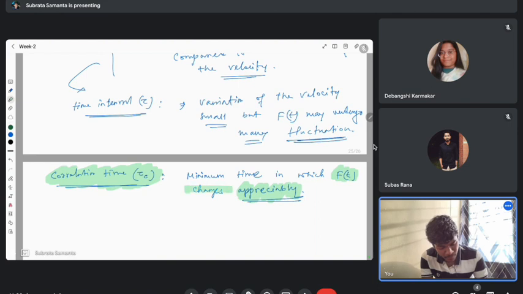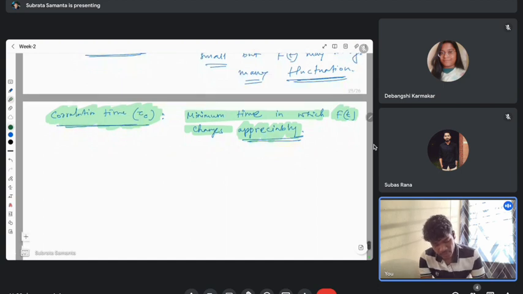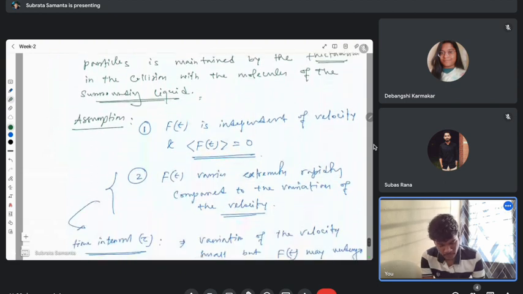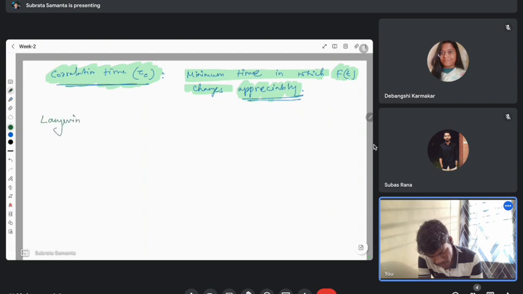So then we solve this. Now we are going to solve this Langevin equation, the Langevin treatment.